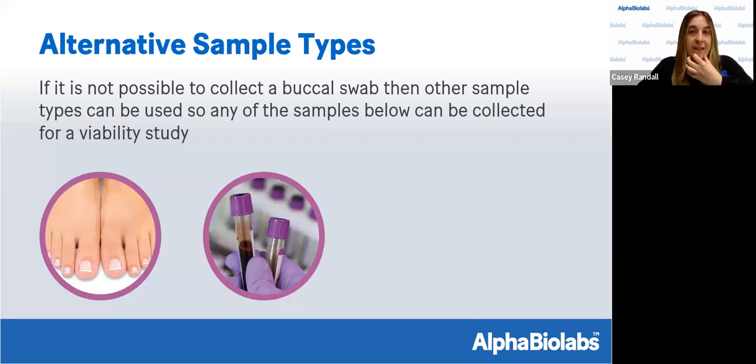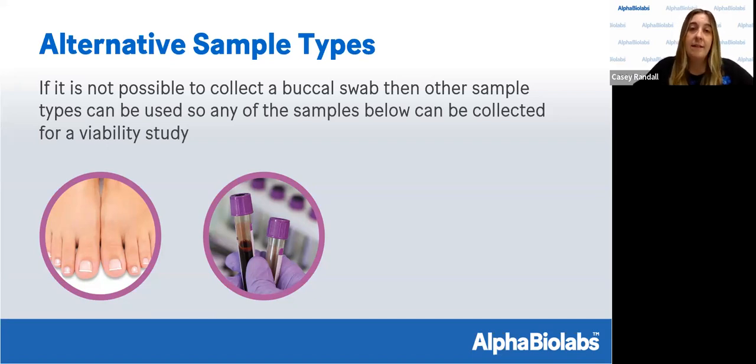Most of our testing that we've already discussed uses a buccal swab sample. This is a cheek swab sample collected using a large cotton bud from the inside of the mouth. However, there are some cases where it's not possible to obtain a buccal swab sample, and these often are cases where the alleged parent is deceased.